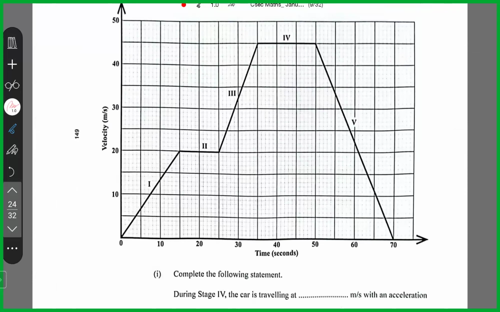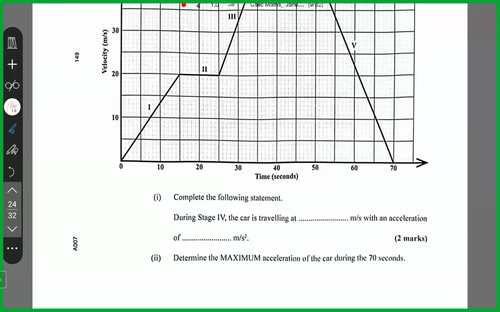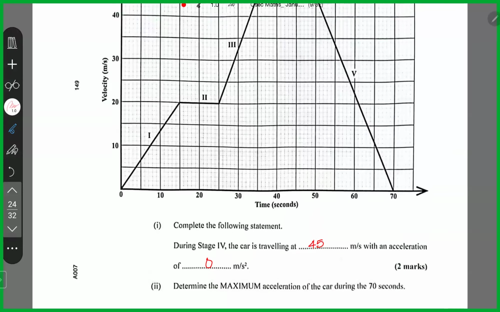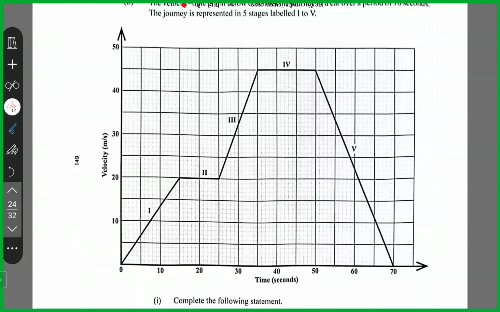Stage 4, the car is moving at 45. You should be able to see that it's in the dead middle between 40 and 50. So that's 45. The car is traveling at a velocity of 45 meters per second with an acceleration of 0. Now, the acceleration is the gradient of the velocity time graph.